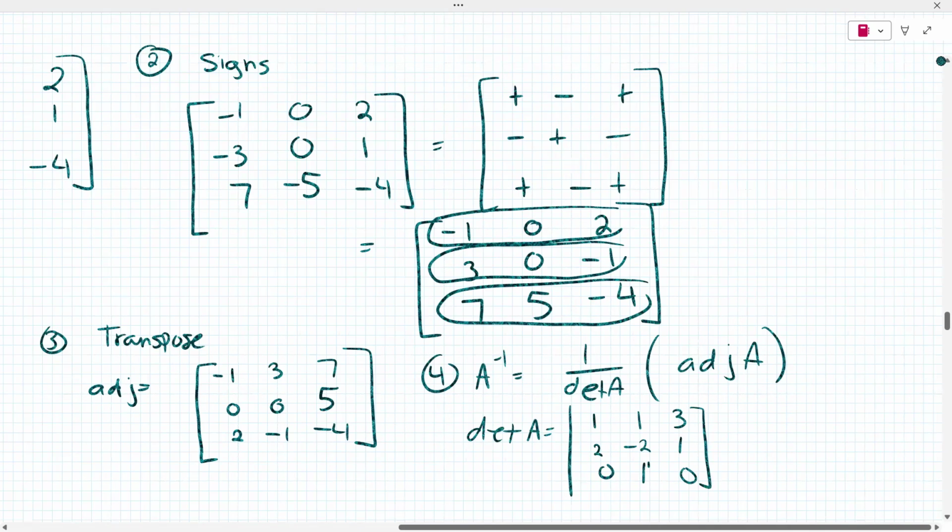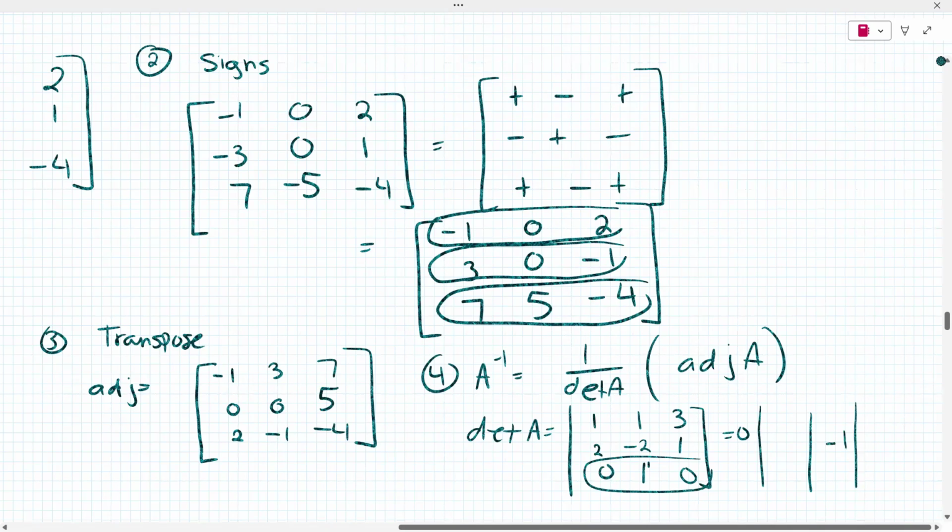since it's 3 by 3, you can use any rows or any columns. So I'll use this row, because it has 0, so that's going to make my life easier. This would be 0, and then we would erase this row and this column. I really don't care because 0 times anything is 0, right? And then this, even though this is a positive one, according to the cofactor signs, this should be a -1.